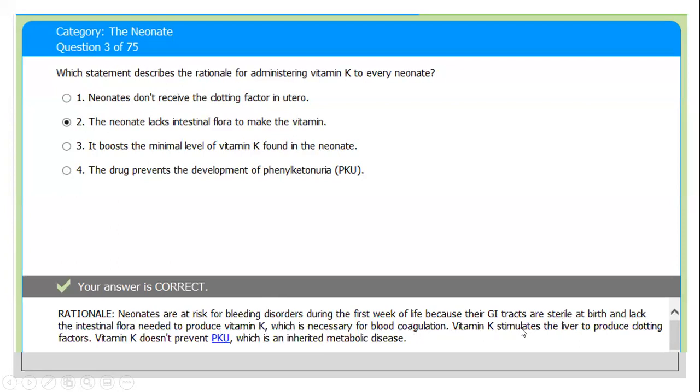Vitamin K stimulates the liver to produce the clotting factors. Vitamin K does not prevent PKU, phenylketonuria, which is an inherited metabolic disease.